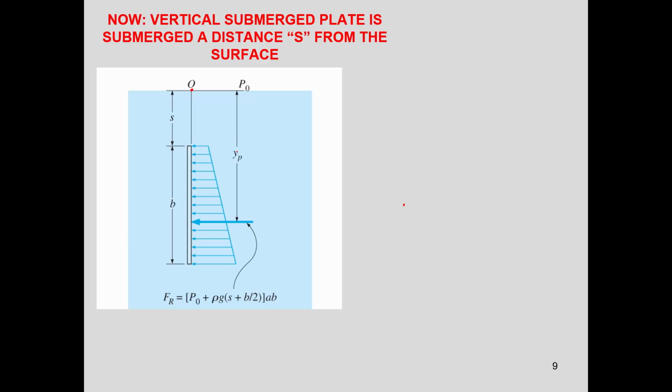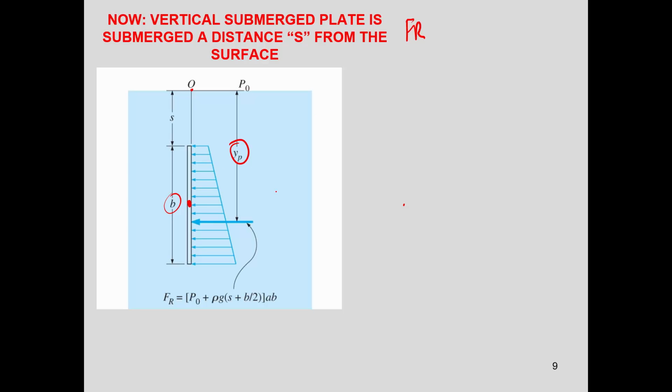so that changes the profile of the pressure. We still have the same notation, P, and in this case we have a plate of height B. So the resultant force you calculate at the centroid of the plate.